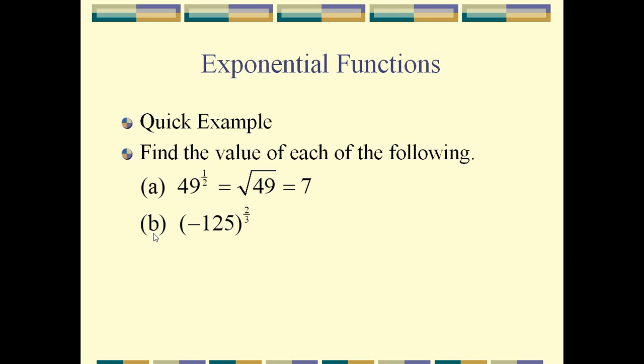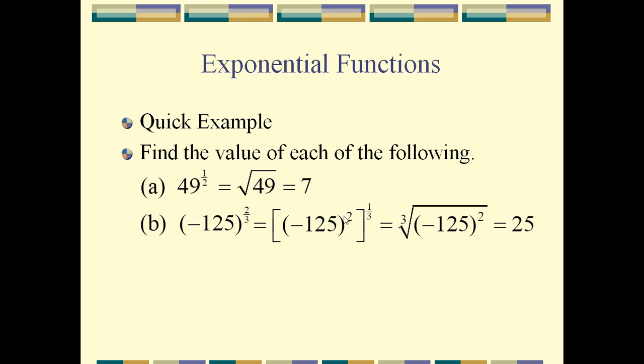If you want to do part B, negative 125 to the power 2 over 3, you must first consider what kind of number it is. Here, negative 125 is a negative value. So if your power index is not suitable, you will try to apply the power 2 first.